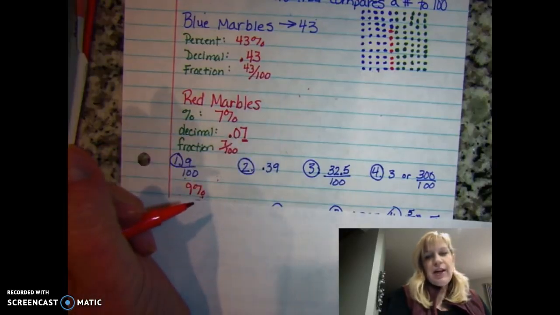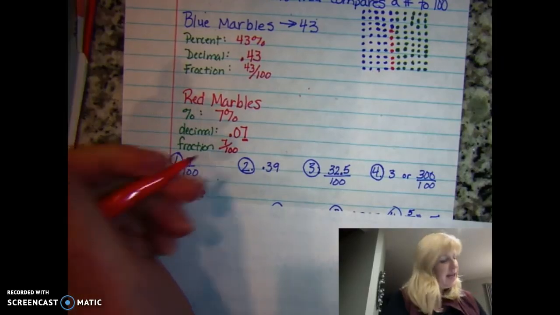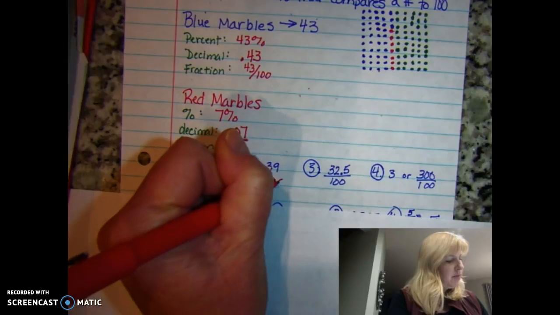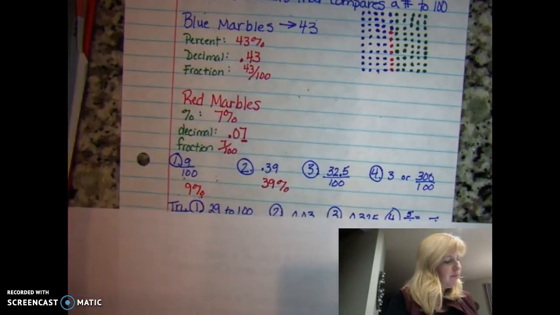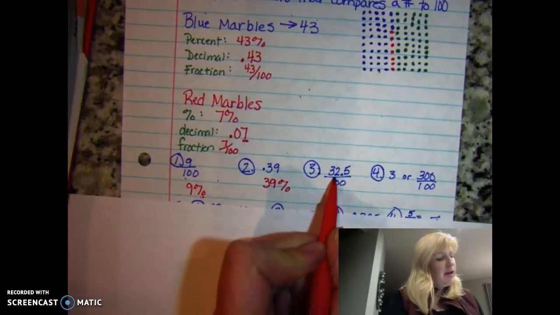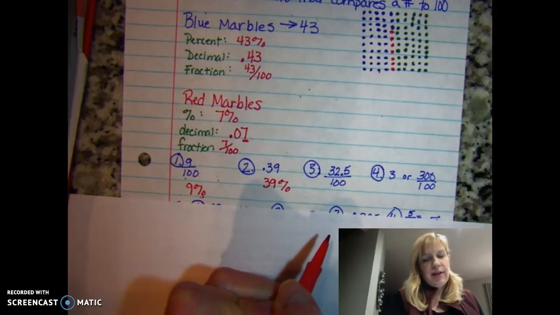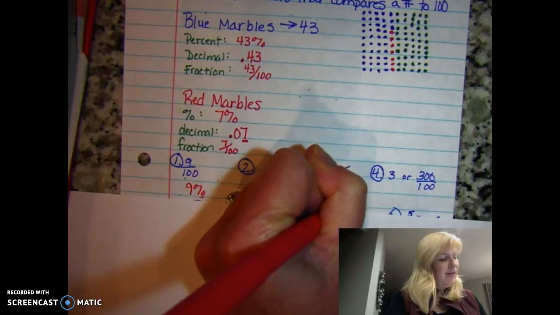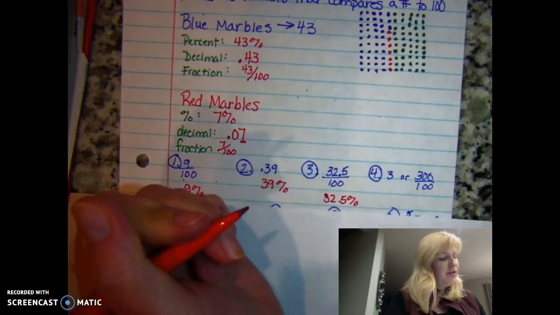This would be 39 hundredths if I would say it out loud, but the percentage would be 39%. Okay, this would be 32.5 hundredths, and it would also be 32.5%.